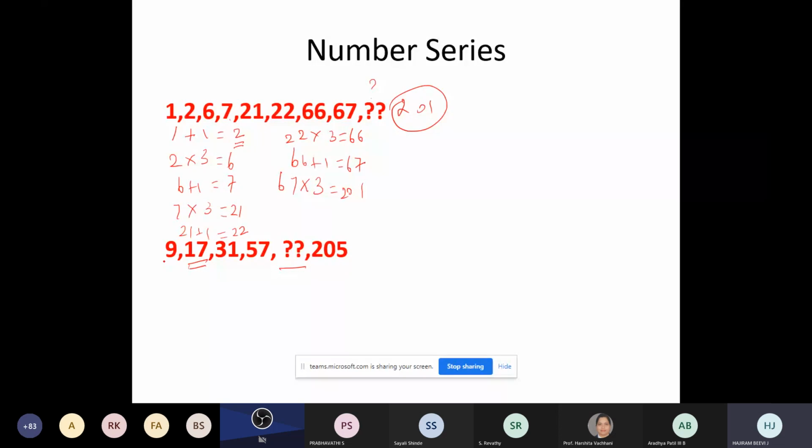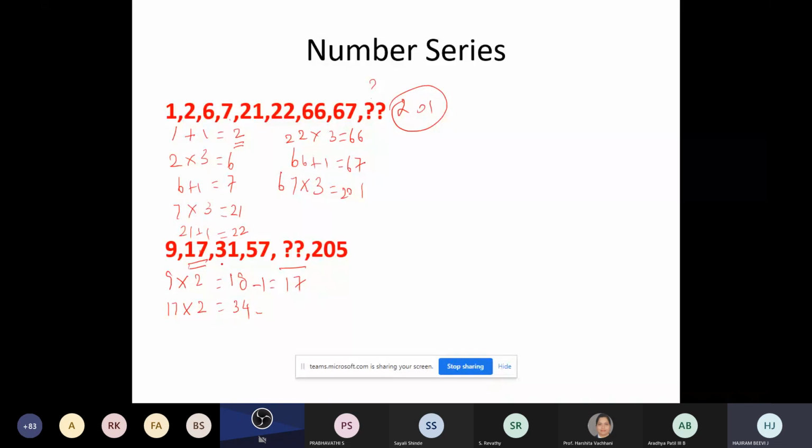So for that, first I'm trying to multiply 9 by 2. So 9 into 2, it is 18. But here we are having 17, which means 18 minus 1, 17. Then again multiply 17 by 2, it is 34.